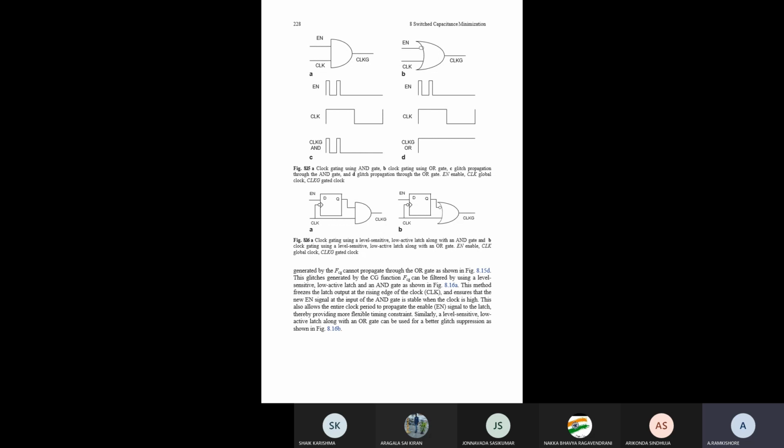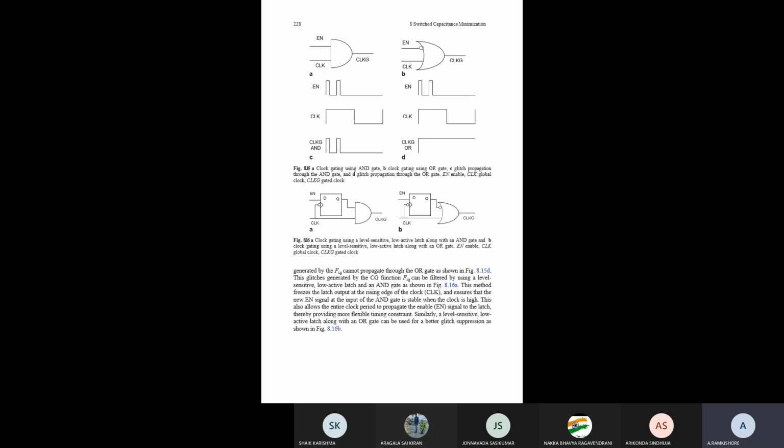So if the function FC is 0, the output of the AND gate is forced to 0, thus suppressing unnecessary transitions on the gated clock G. If any one of the inputs is 0, the gated clock is also 0, which is the correct functionality of the AND gate.